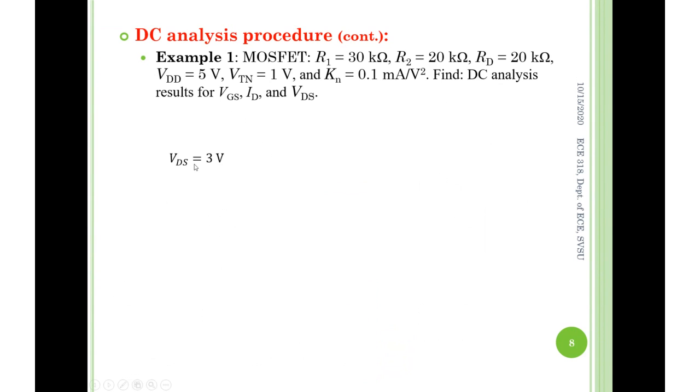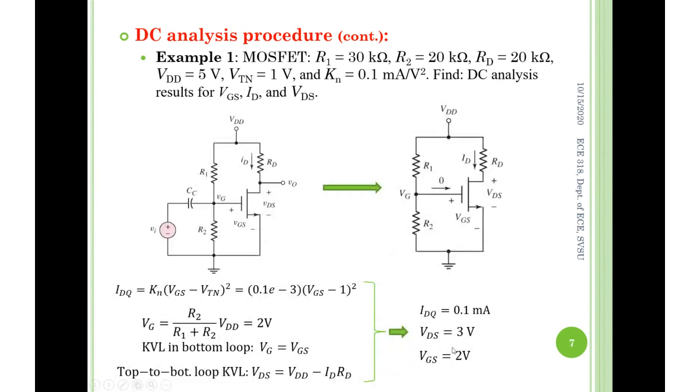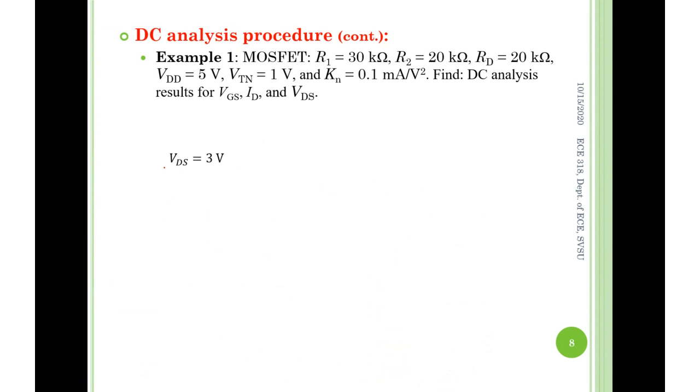First, checking means you compare your VDS with the VDS saturation boundary. From this calculation, you got VDS 3 volts, VGS 2 volts. Keep them in mind. VDS 3 volts is compared with the VDS saturation voltage. This formula is once again available from page 7 for N channel, page 11 for P channel.